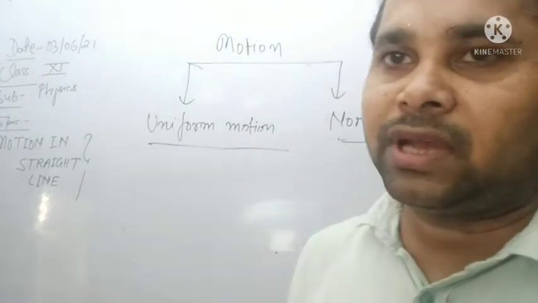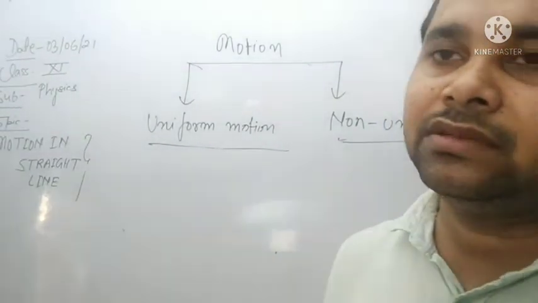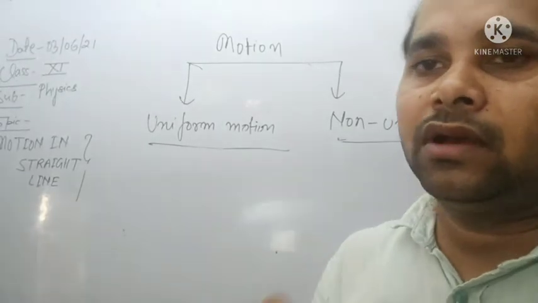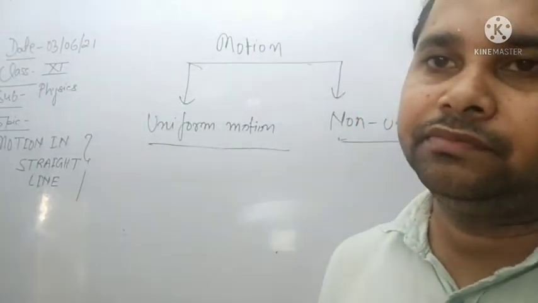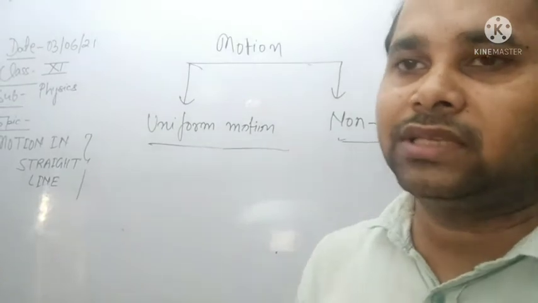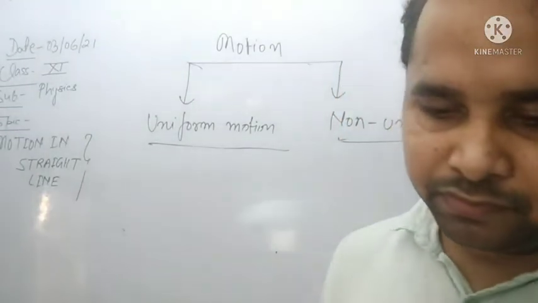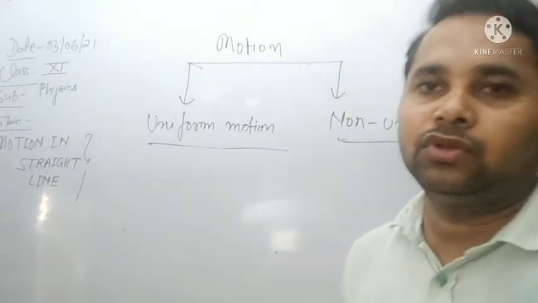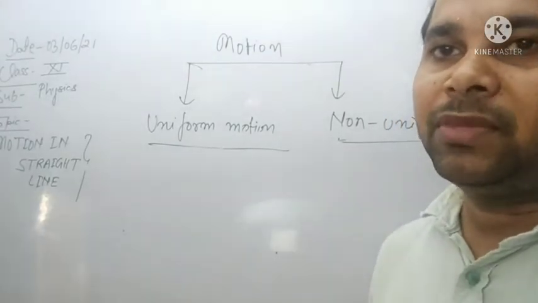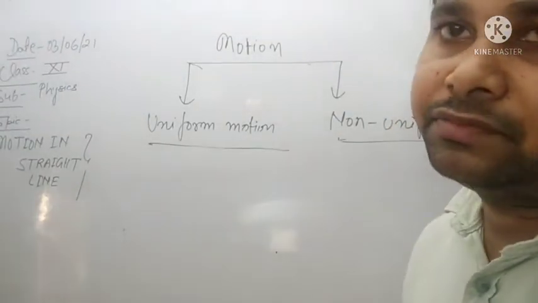You should go through the chapter motion of class 9th and revise all the things. I am repeating, all the things are base for this chapter. So if you have forgotten, you should go through it.